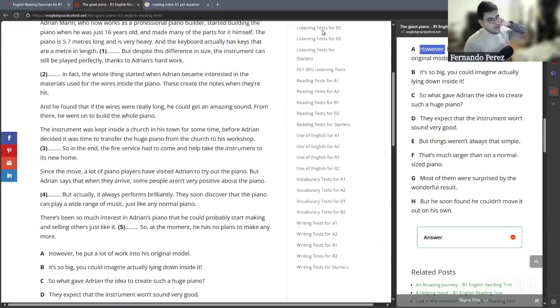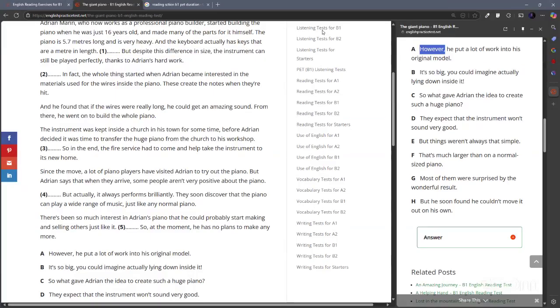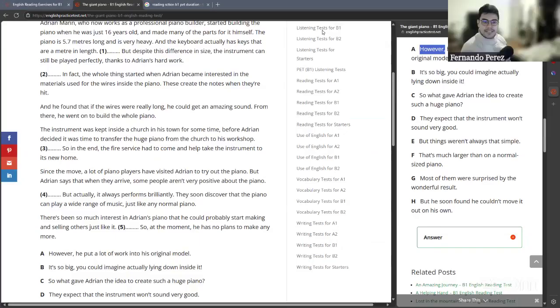Let's do another tomorrow. This was tricky. Take a note, write the word however, and put a synonym: but. Connector for contrast.